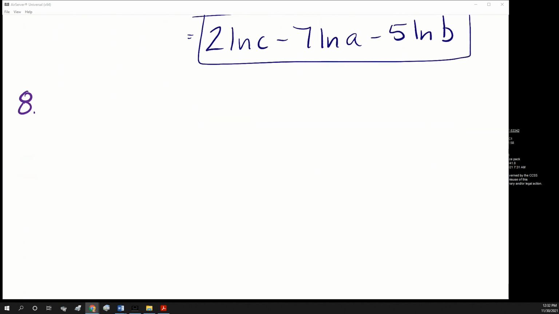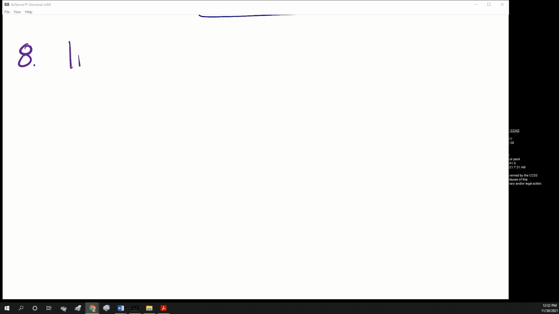Okay. So for number 8, we have the natural log of a big set of parentheses. Inside we have x, and then we have the cube root of a fraction, where the numerator is x squared, and the denominator is 1 plus x.